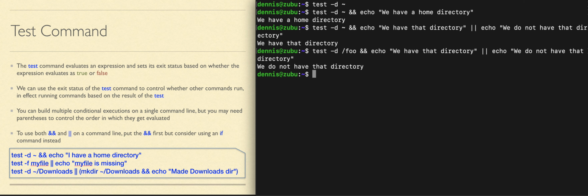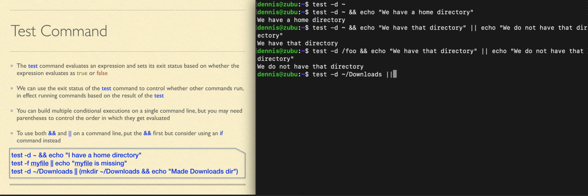If I want more than one conditional command to run based on the results of my test, I may find the second and third commands I want to run are dependent on each other, not on the original test, as in that third example. In that example, I test if I have a directory called ~/downloads, or a downloads directory in my home directory.